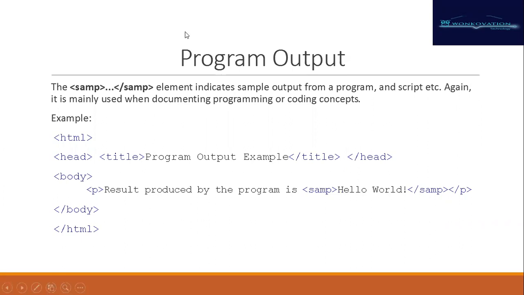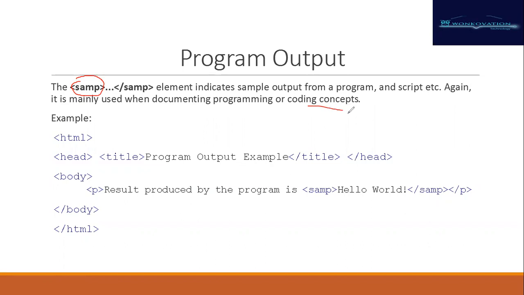Now, program output. If we want to write a program output, how can we do it? We will use SAMP. The samp element indicates the sample output of a program, a script, etc. Again, its main use is for writing documentation for programming or coding concepts.